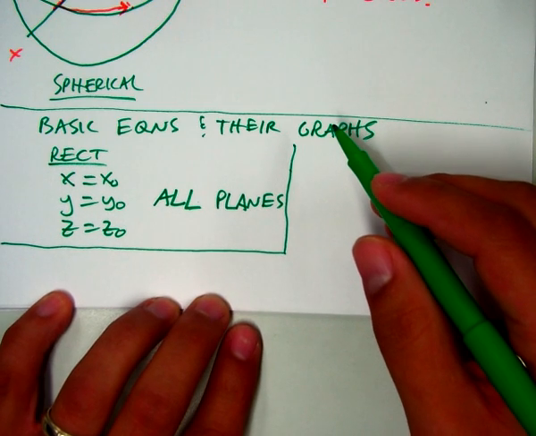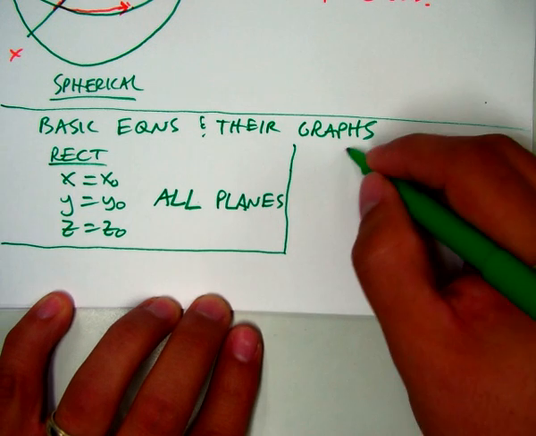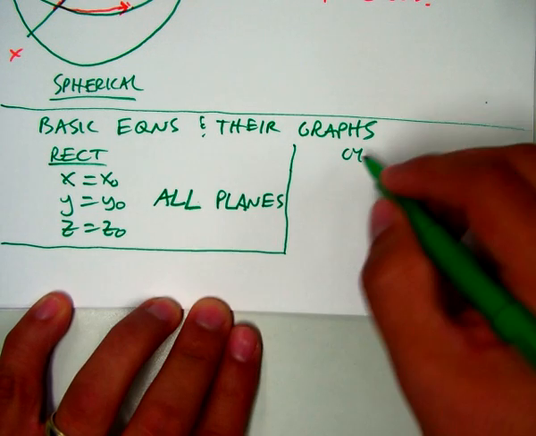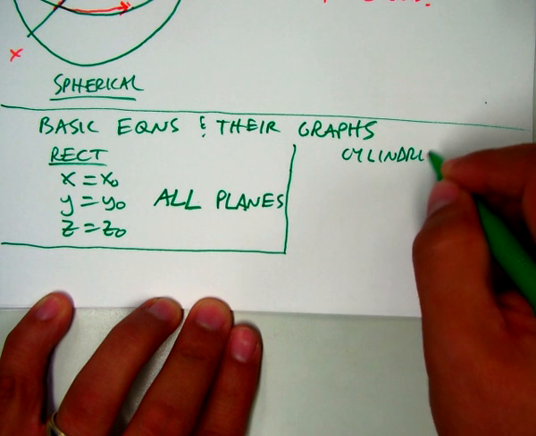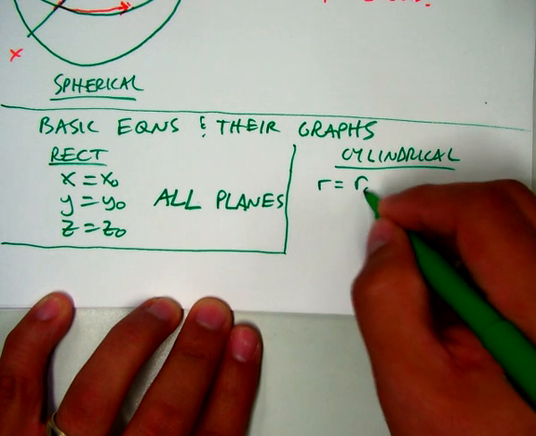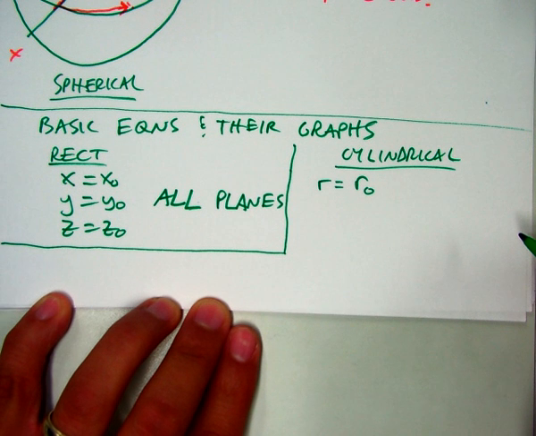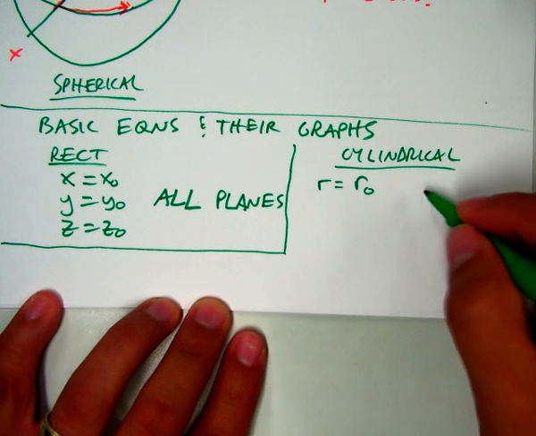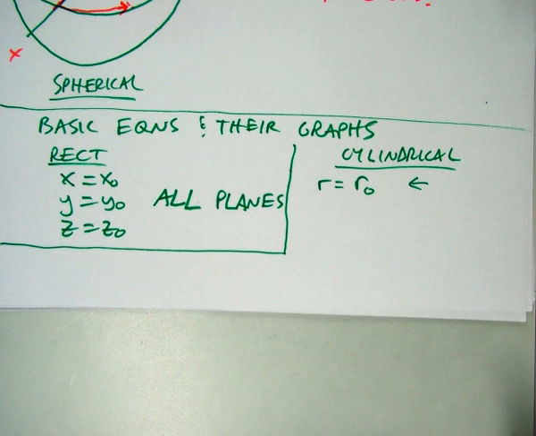Now, in cylindrical, we're going to examine the same kind of thing. What if each one was just a constant? So if I had r equals a constant and nothing else. Think two-dimensionally, think polar first.